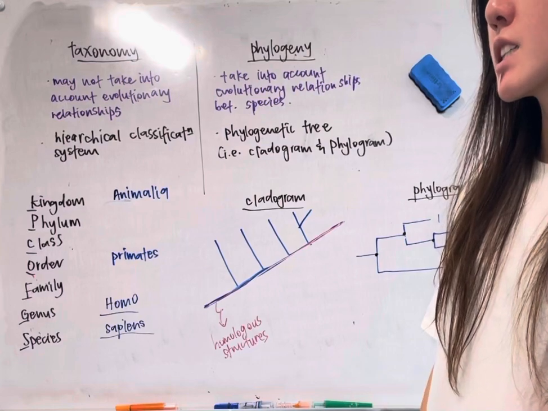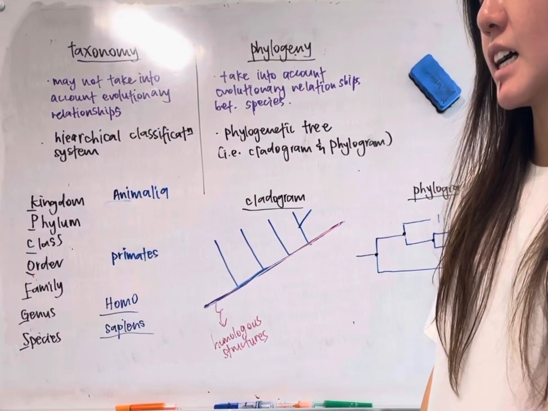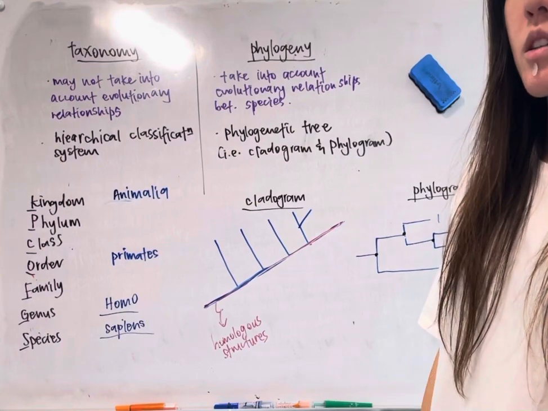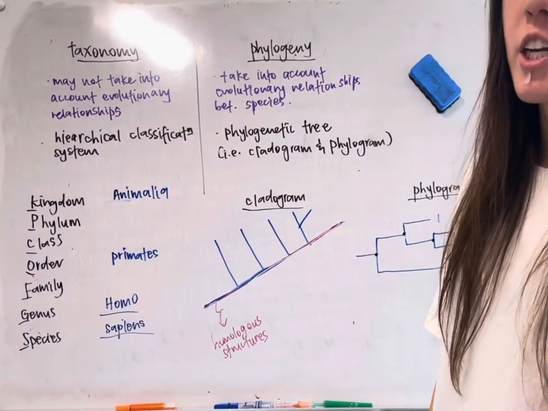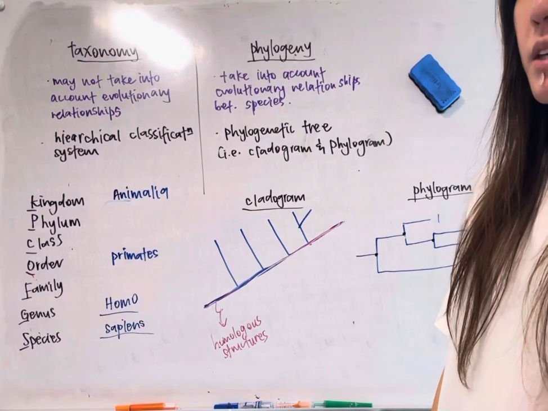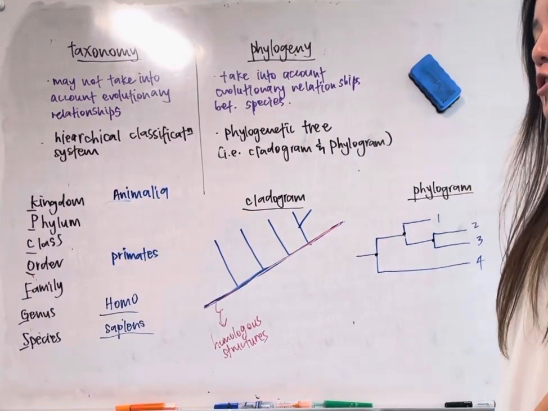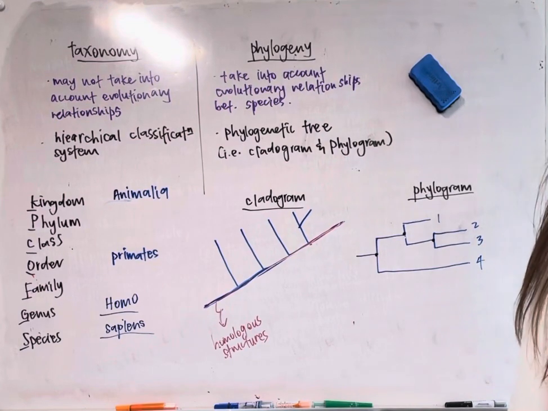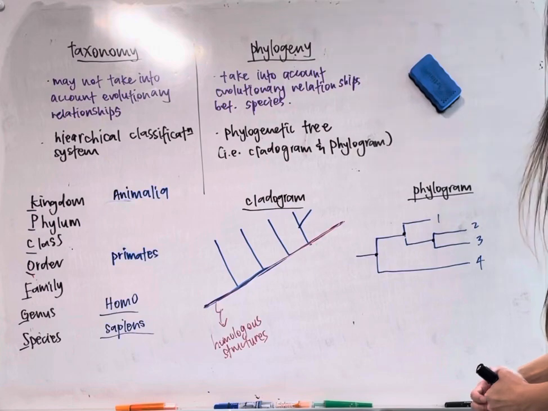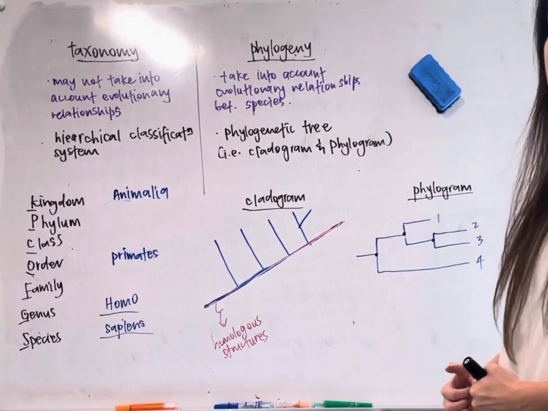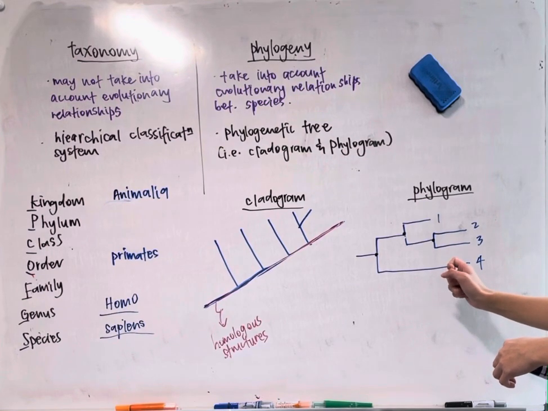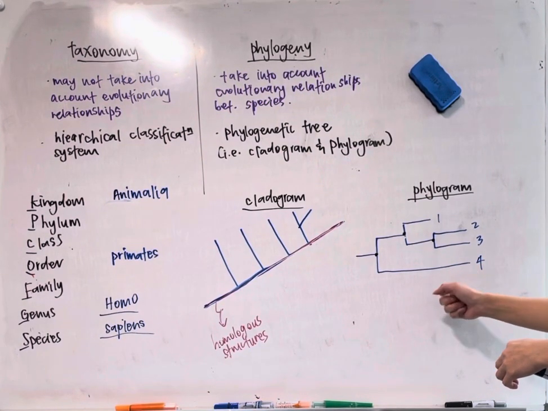Number of differences in base sequence of DNA, underline, which arose due to mutations accumulated since divergence. I repeat, which arose due to mutations accumulated since divergence. So you start to realize that phylograms, the relationships are mainly based on molecular data.